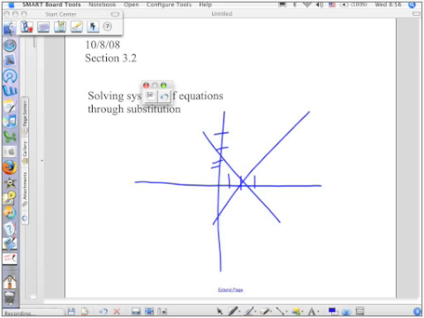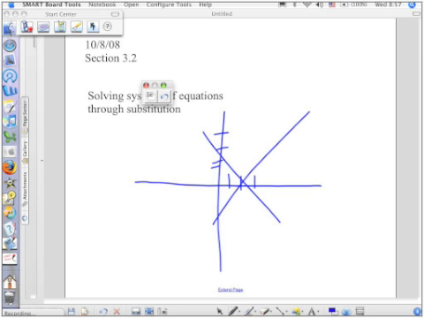What is that? Okay, so sometimes it doesn't cross at a specific point, and so we don't have an exact answer. So what we're going to do is get into substitution today where we can find an exact answer. So solving systems of equations, you have two or more lines, equations of lines.